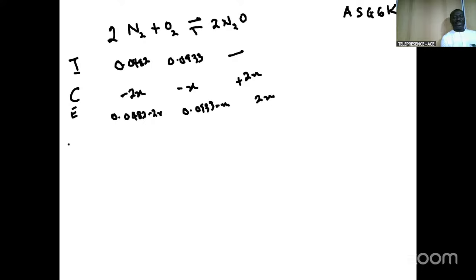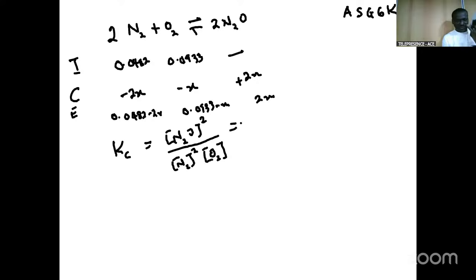All right, so we can say therefore the equilibrium constant Kc is equal to N2O squared over N2 squared and O2.